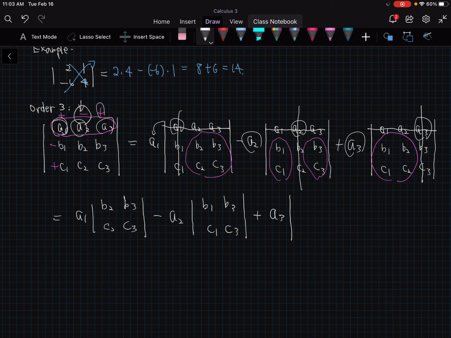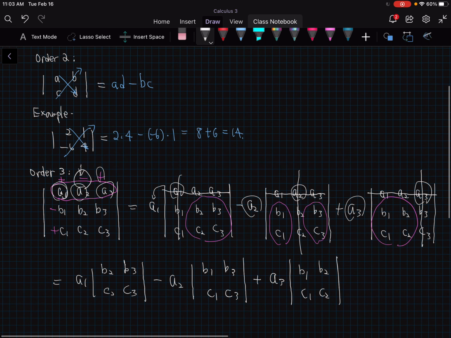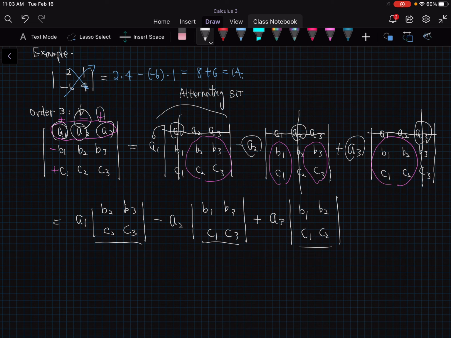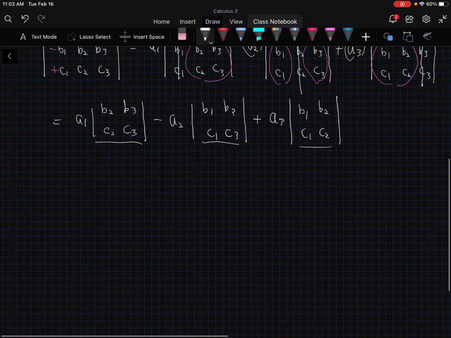You were left with B1, B2, C1, C2. Then you can proceed as order 2, do with this order 2, then you can get a value. All right. So remember, this is alternating sign. Don't forget. All right, let's look at an example right here.